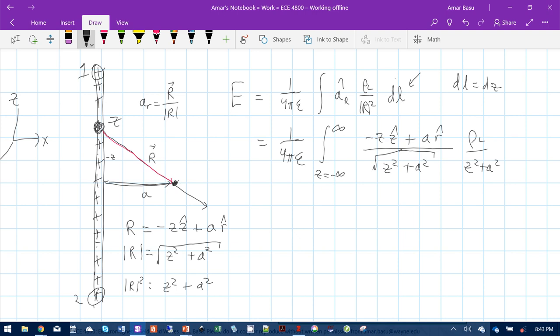Yes, AR is the unit vector. So let's define things again. This is R, okay? R is a vector that points from some point where the charge is to the observation point. AR is the unit vector in the same direction. The unit vector is R divided by the magnitude of R.